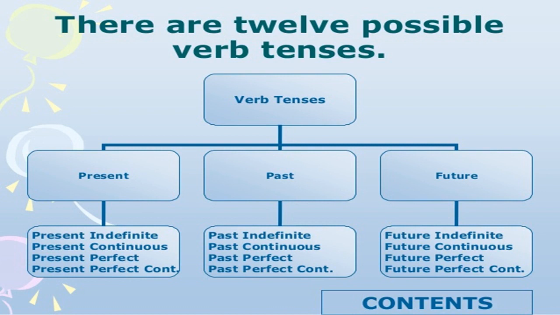Each tense is divided into its 4 types: present, past and future, then present indefinite, continuous, perfect, perfect continuous, likewise past indefinite, past continuous, past perfect, past perfect continuous, future indefinite, future continuous, future perfect and future perfect continuous.